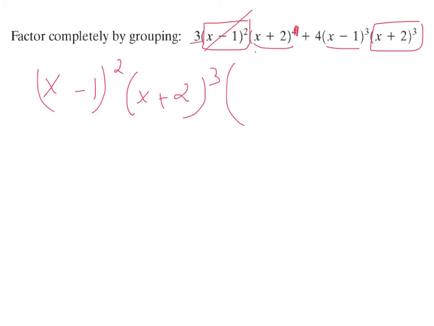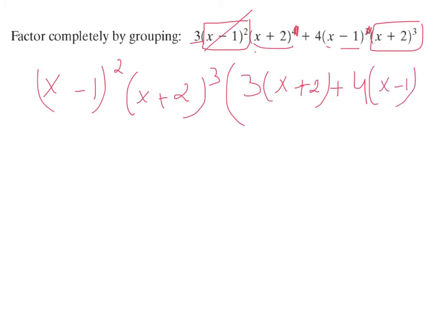So the common factor with 3 times x plus 2, plus 4, because we took x minus 1 cubed. We took x minus 1 squared from here, so we're going to come up with x minus 1.